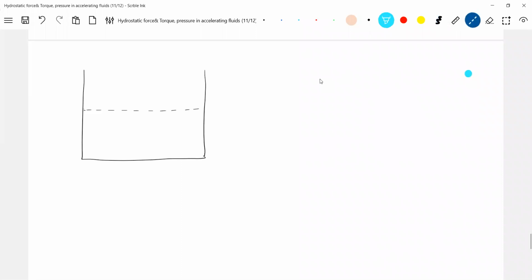Okay. Next, if it is partially filled up. Half it is filled up.